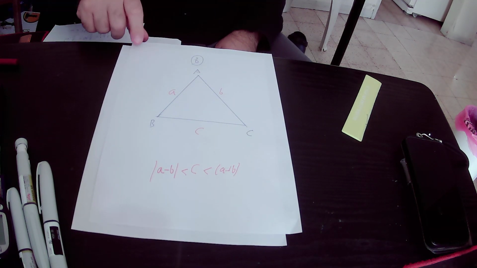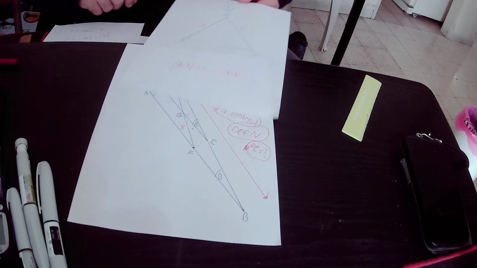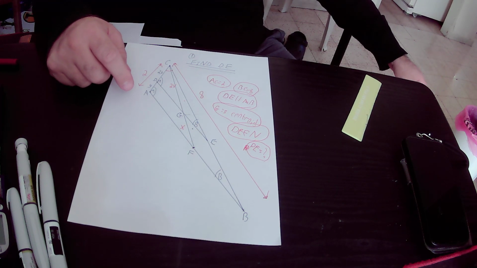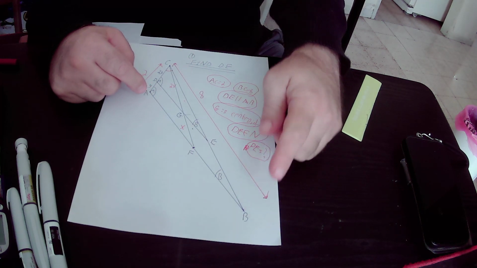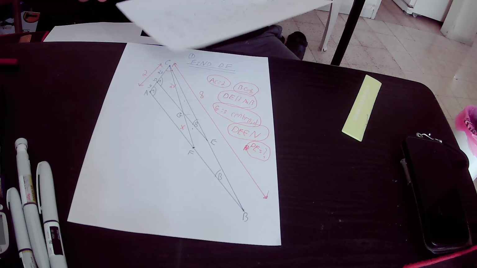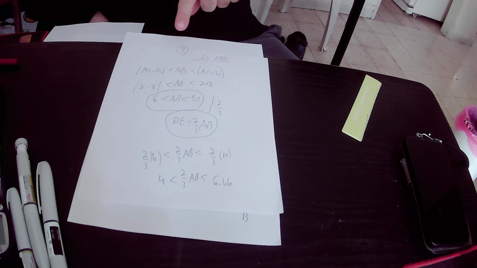Okay, so we implemented this rule in our triangle ABC. We related to the side AB. The side AB of triangle ABC will be less than the sum of the other two sides. That is to say, AB is smaller than AC plus BC, and AB will be greater than the difference between the other two sides of the triangle.